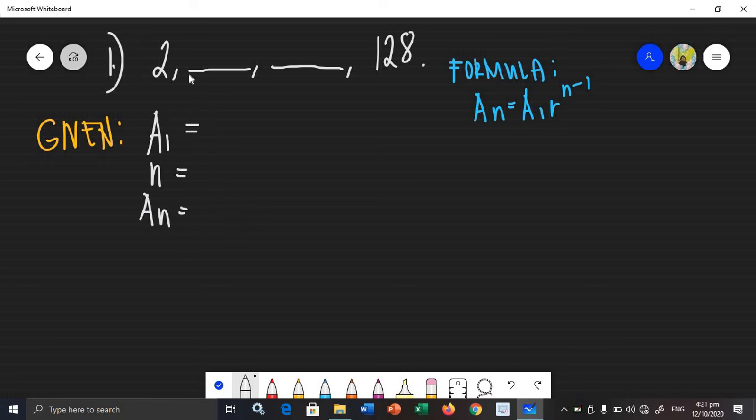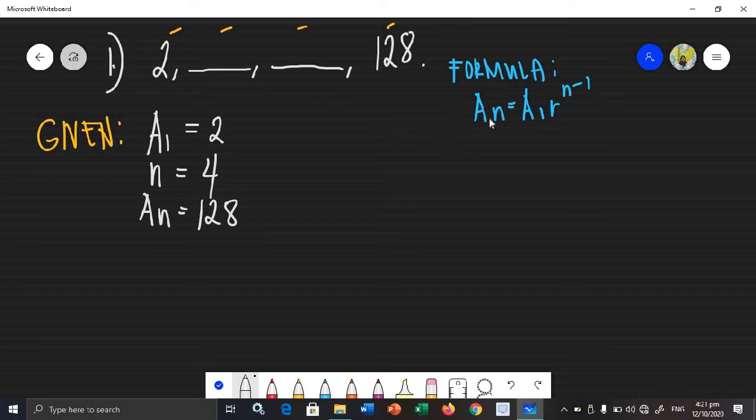So, according to the sequence, a sub 1 is 2. Your n is the number of terms. So, let's count: 1, 2, 3, 4. So, there are 4 terms in the sequence. And then, your a sub n is the last term in the sequence, which is 128. Therefore, we now have the given. We can now solve for the common ratio.